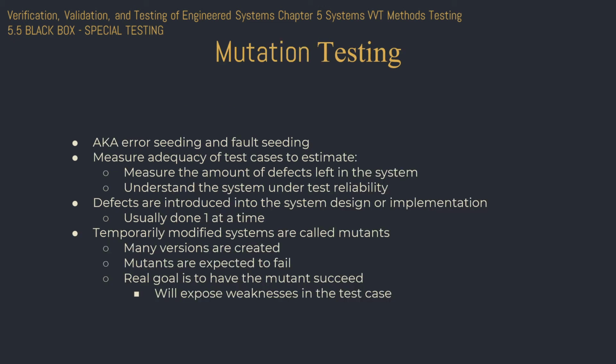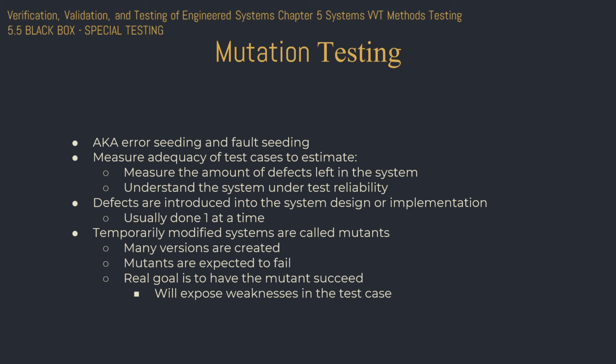Mutation testing is the final section, section 5.5, subsection, I mean. This is also known as error seeding and fault seeding. This measures the adequacy of test cases to estimate the amount of defects left in the system. It helps us understand the system under test reliability.